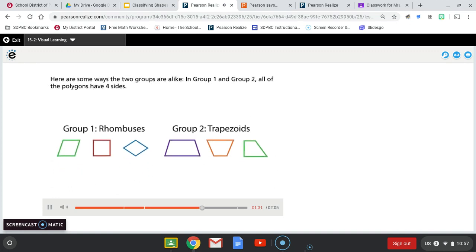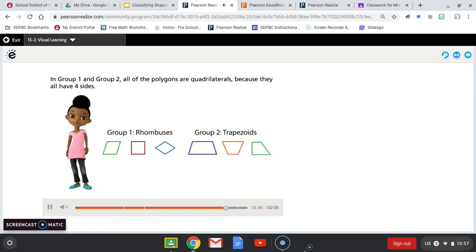Here are some ways the two groups are alike. In Group 1 and Group 2, all the polygons have four sides. In Group 1 and Group 2, all of the polygons have four angles. In Group 1 and Group 2, all of the polygons are quadrilaterals because they all have 4 sides. All polygons with 4 sides are quadrilaterals.